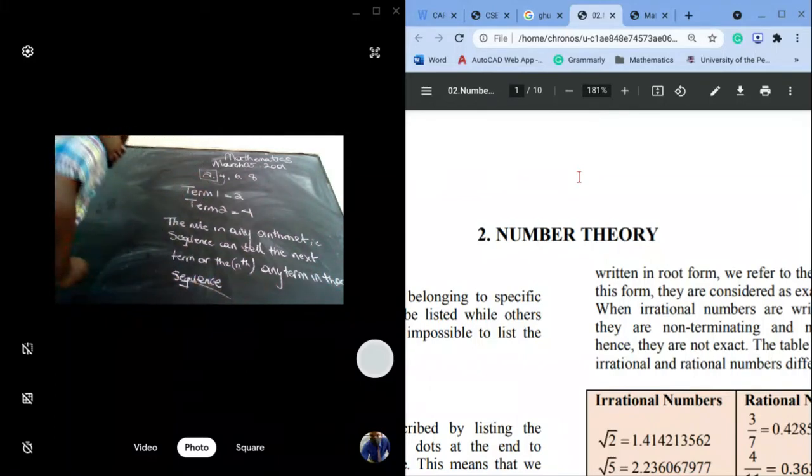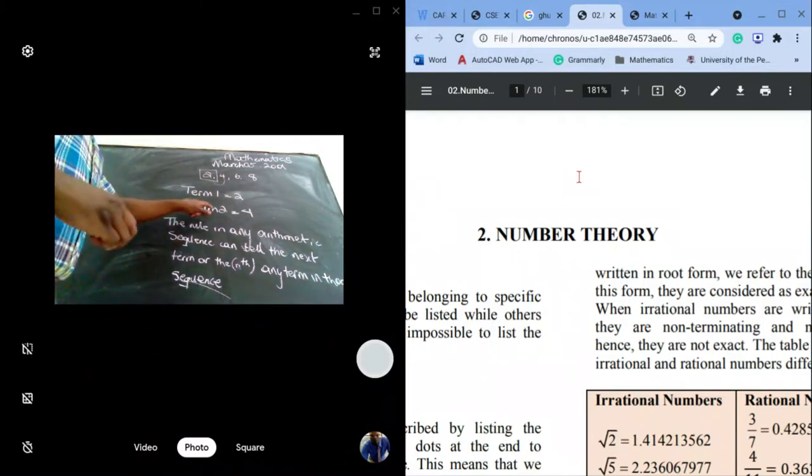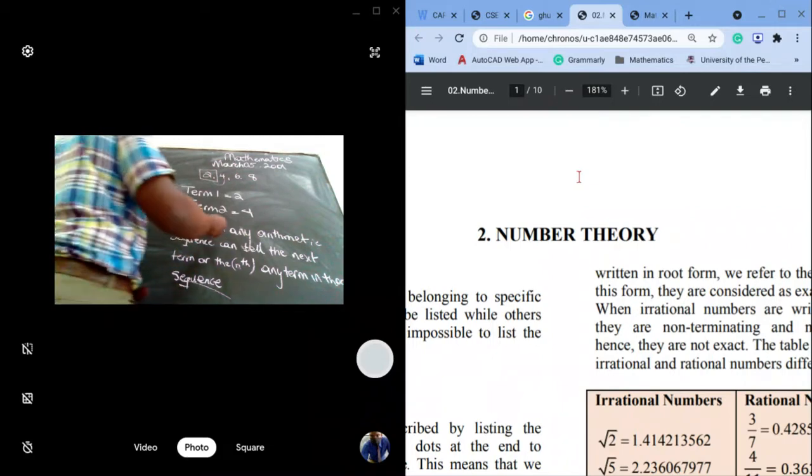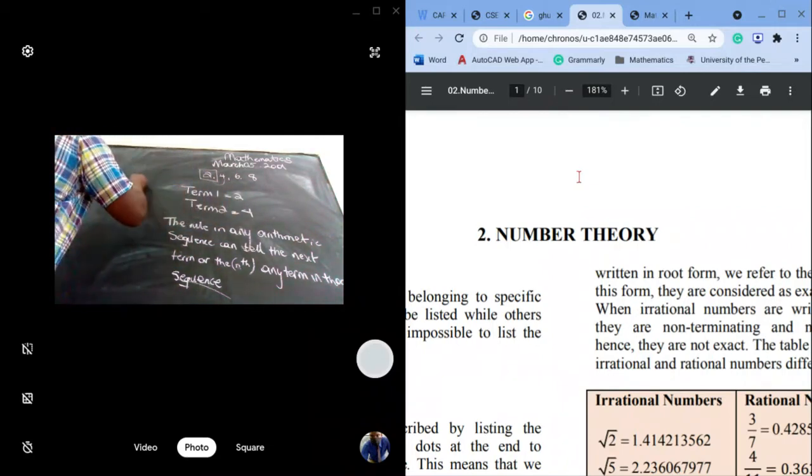So the rule in this case would be I need to add 2 every time. So therefore the rule is n plus 2. Any value n plus 2 will tell me the value in the next sequence.